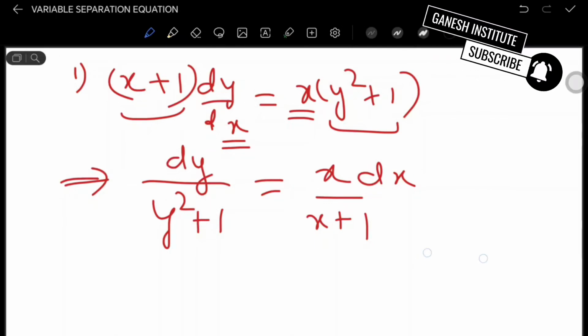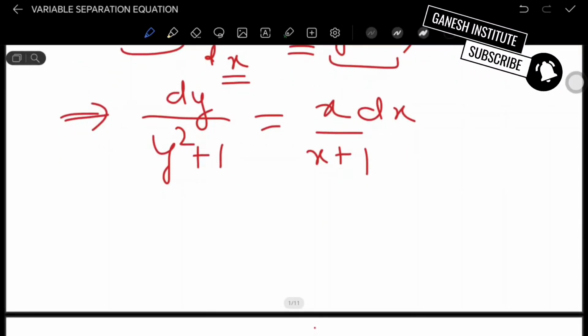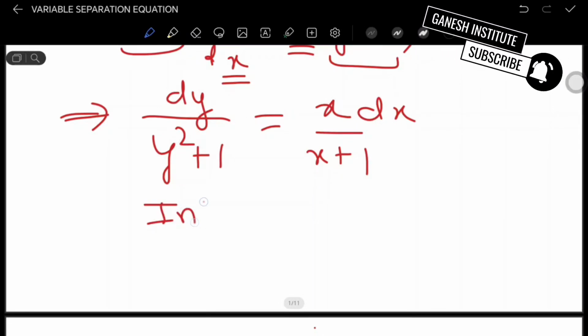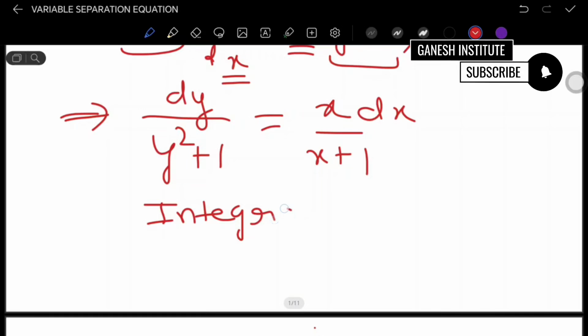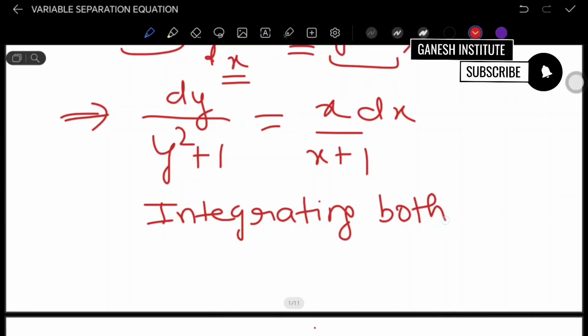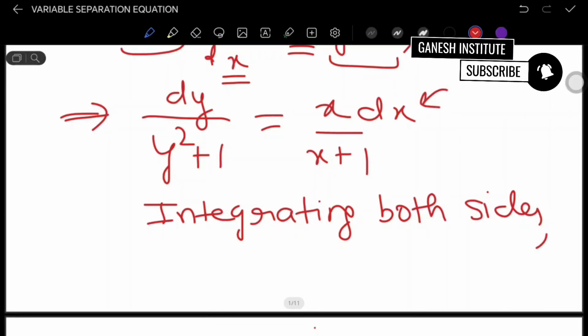That's fine. So we managed to separate, y on one side and x on the other. Once you do that, start integrating both sides with respect to the components of integration, given here with respect to x, here with respect to y.